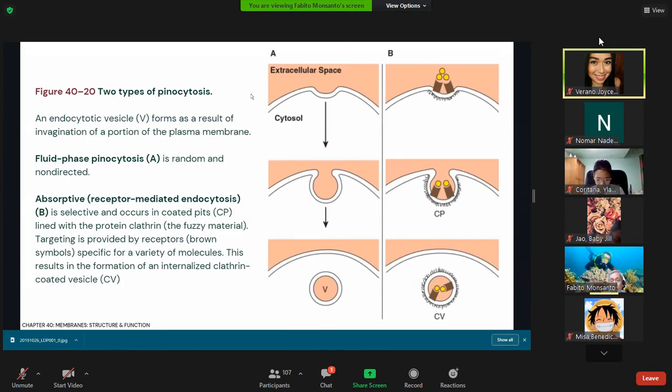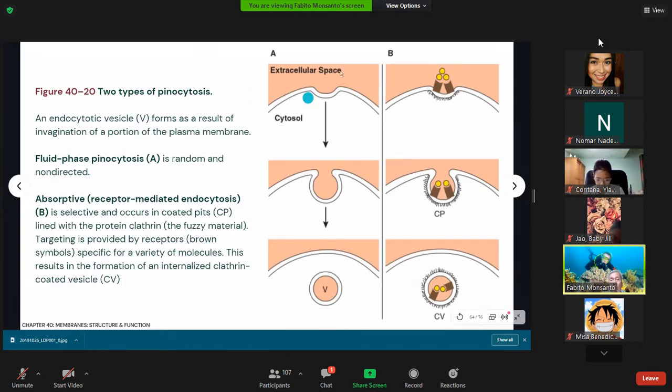All right, so we have it here. As the extracellular space, this is your membrane. Then there is invagination. And the opposing cell membrane here will close that one until they are joined together, and this is going in.